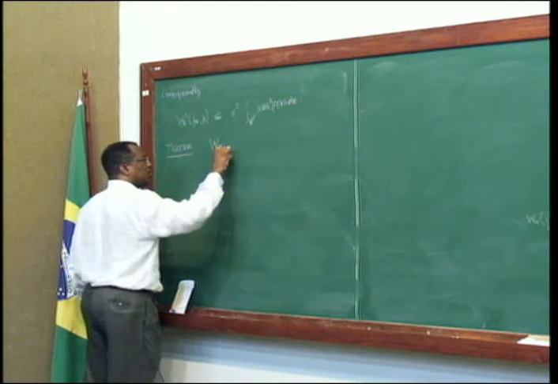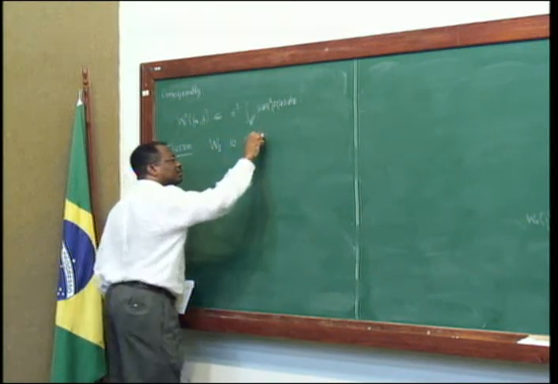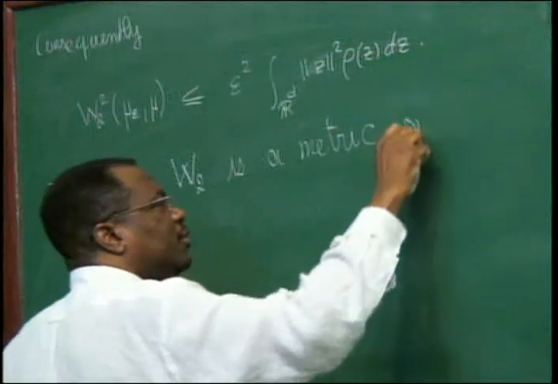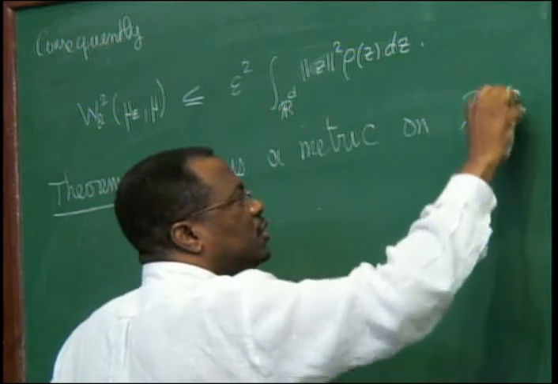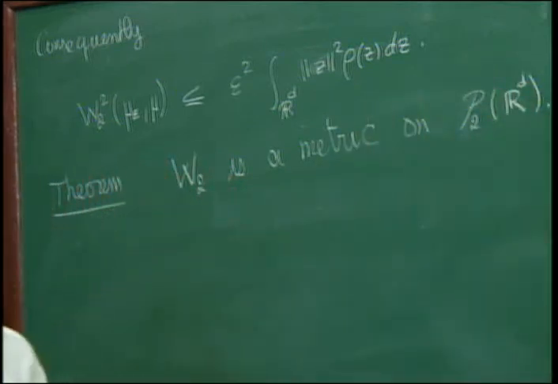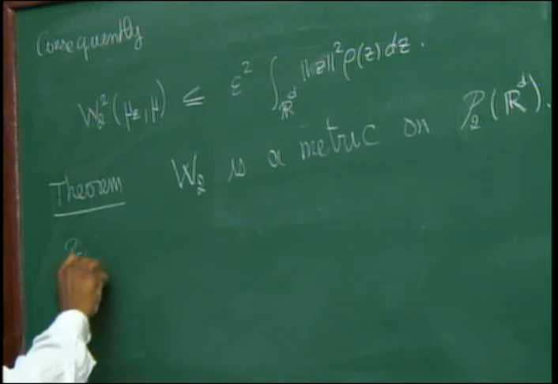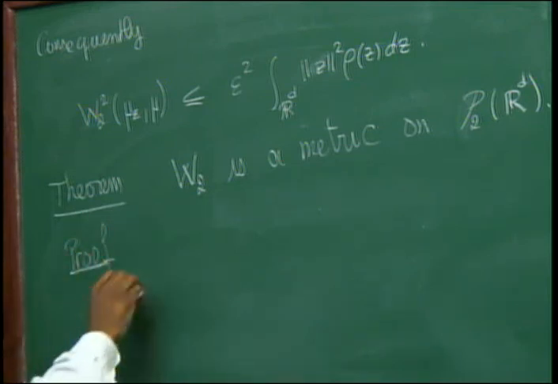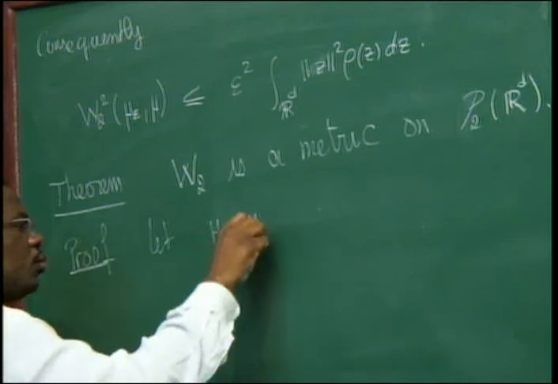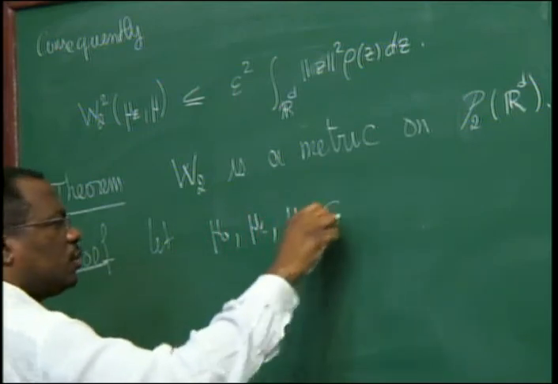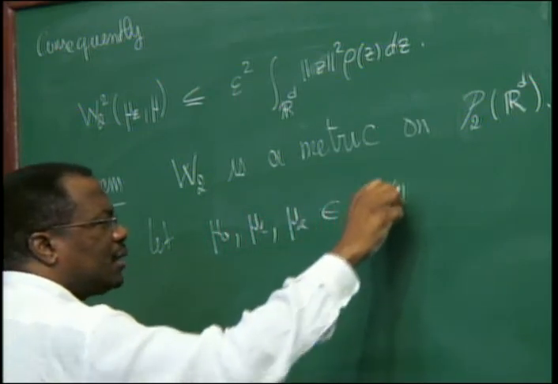W2 is a metric on the set of probability measures of bounded second moment. So, proof. Let mu naught, mu 1, mu 2 be in Rd.